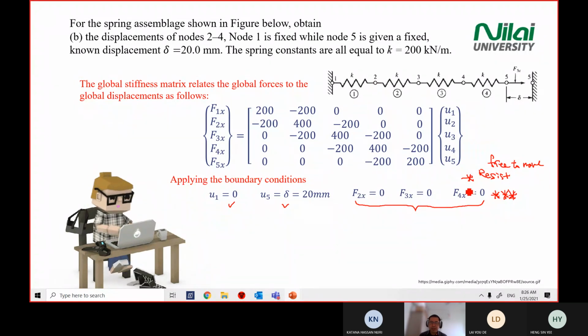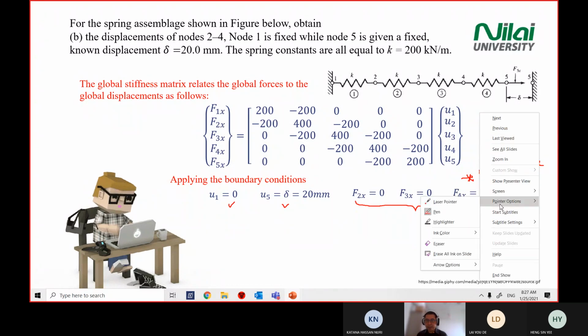For example, the question might ask you to explain why a certain value is assigned to the global force at point number 2. The question won't tell you it is 0, but it asks you to explain why you use 0 at that point. If you answer force 2x equals 100, it is wrong already. That means you don't understand why we use 0 here. So again, just a reminder.